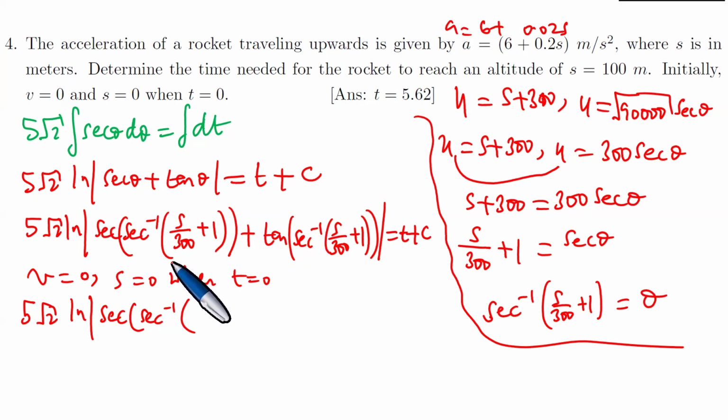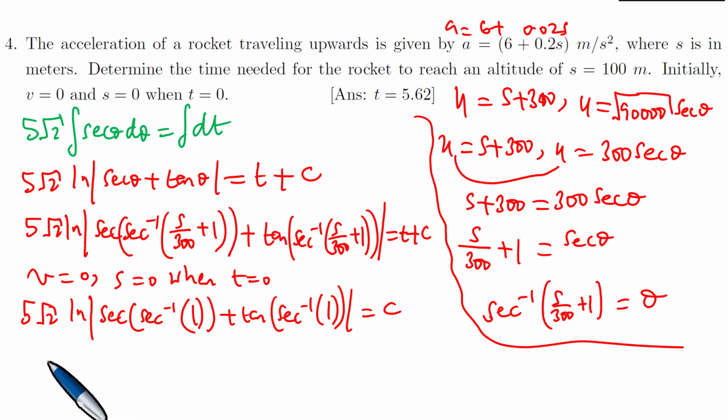So whenever s is 0, you put 0 here, giving us arcsecant 1 plus the tangent of arcsecant 1, and t is 0, which means you have c is that. So now at this point, you have arcsecant of 1.